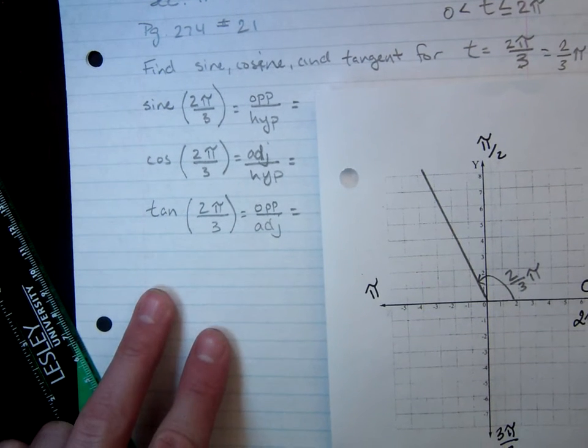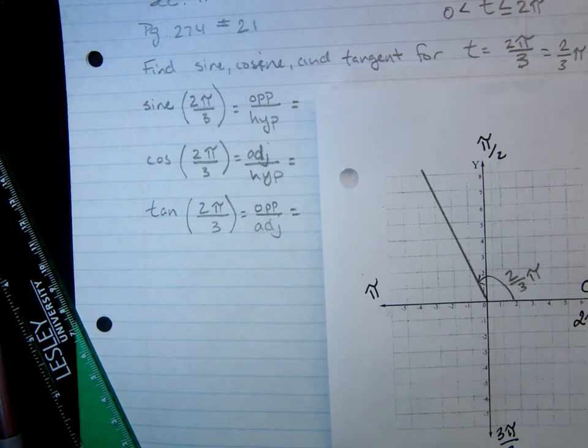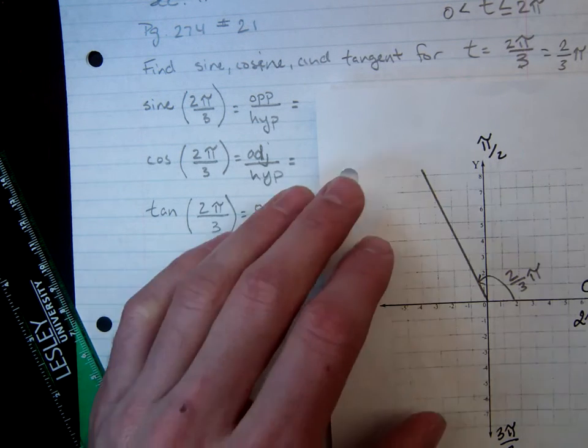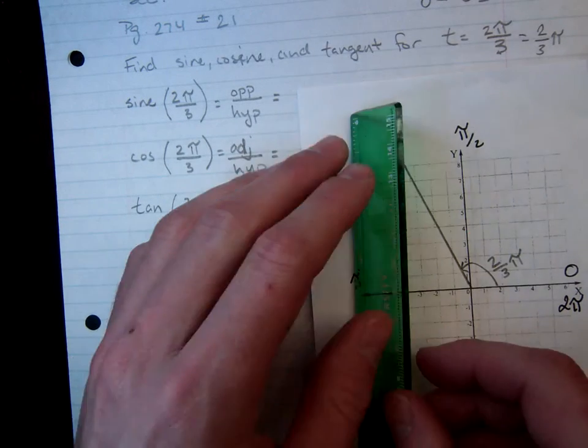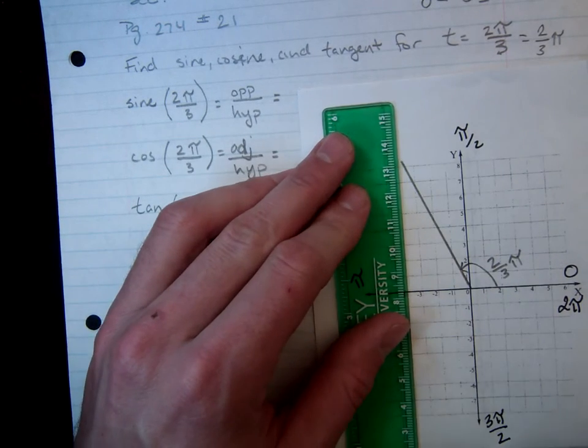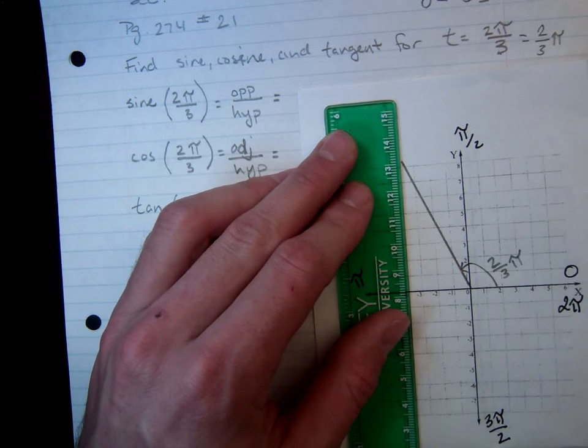Now, one of the things that we're going to go ahead and do here is I'm going to create a triangle. Now, I'm creating this triangle based off of the unit circle. So I'm going to drop a perpendicular down here.